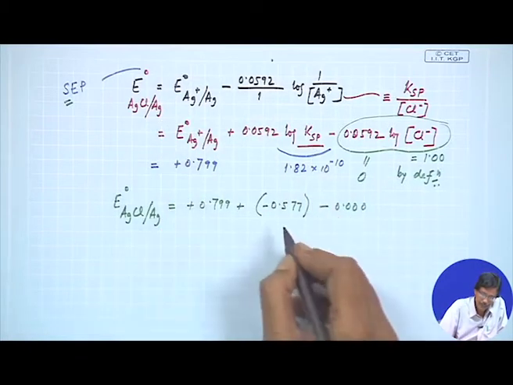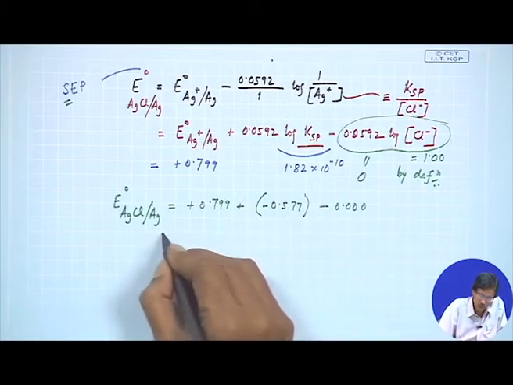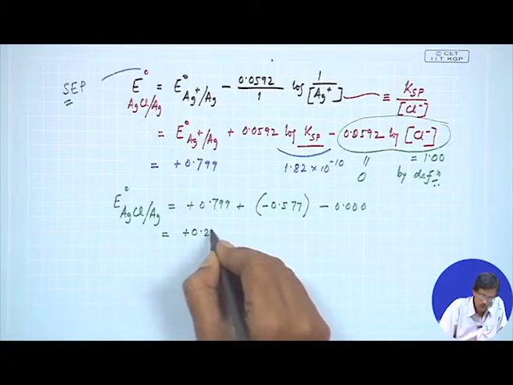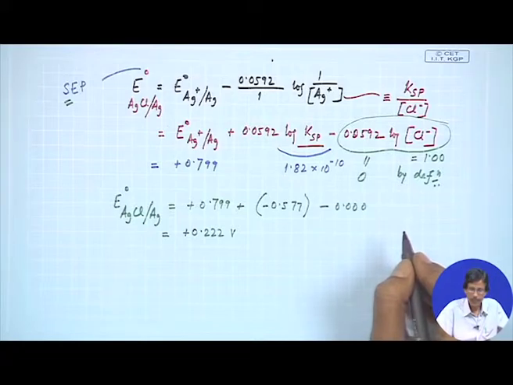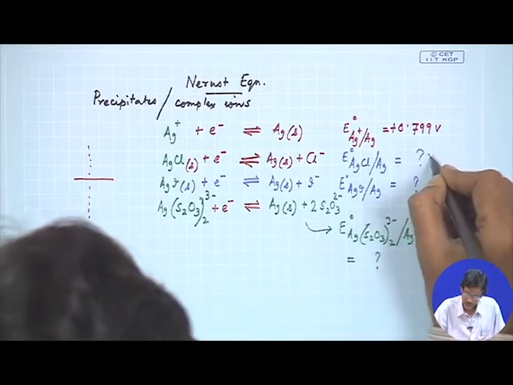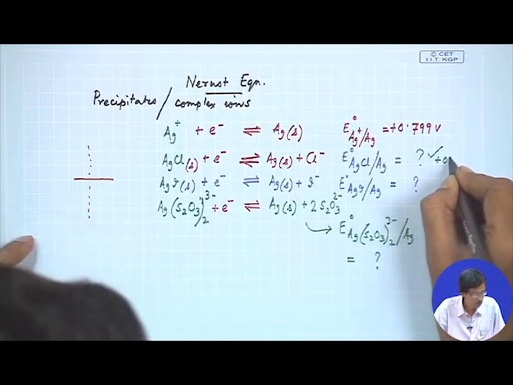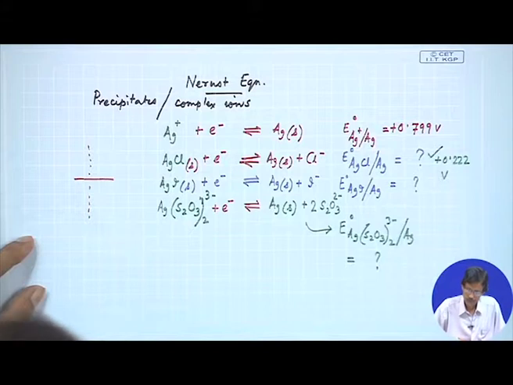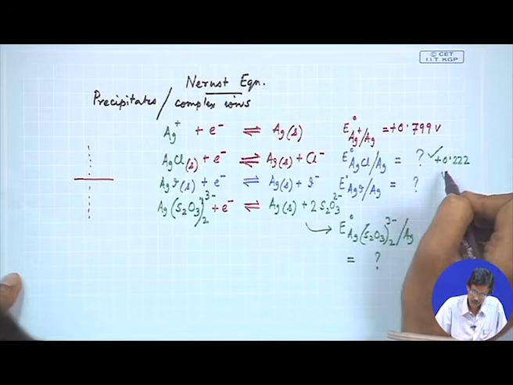That is basically this particular amount of change, which will be equal to 0.222 volt. So, what we talked about earlier in our previous slide is now known to us. That means it will be plus 0.222 volt.